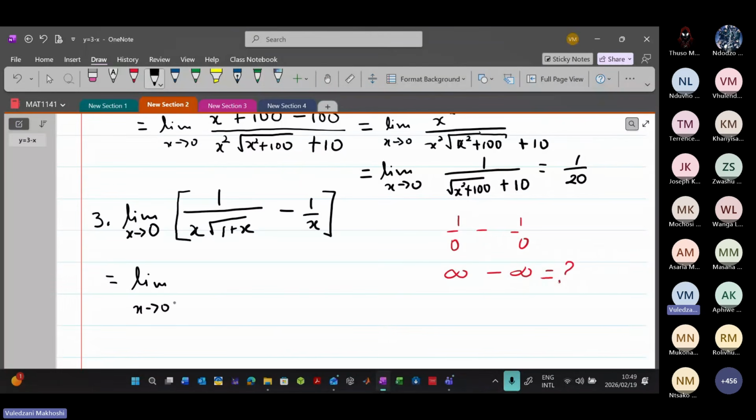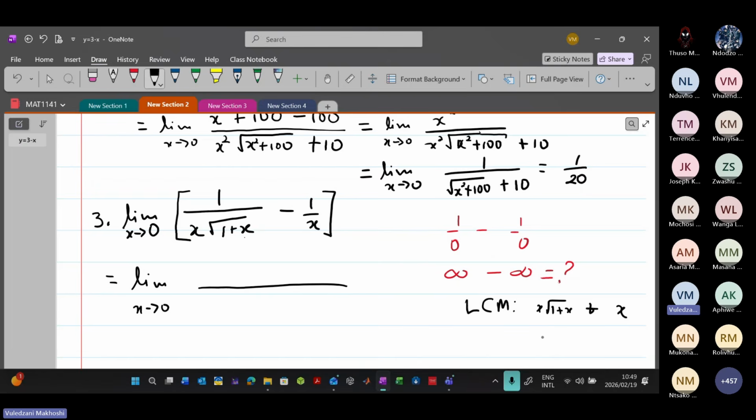You know how to add two fractions. We speak of the lowest common multiple of the denominators, LCM, between x square root of 1 plus x and x.